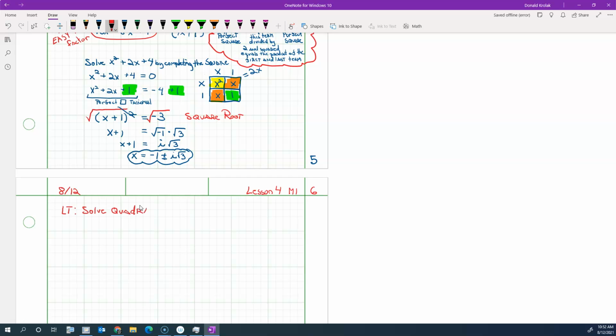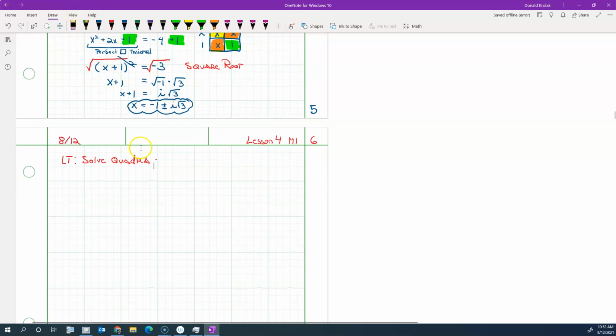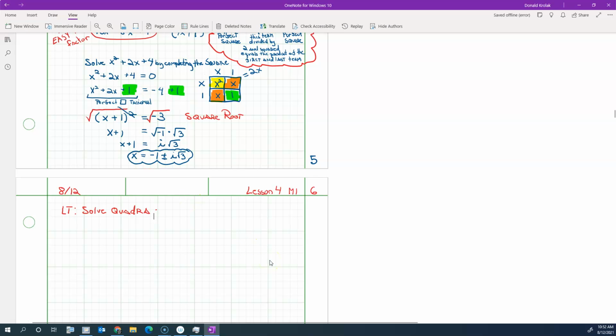Solve quadratics by completing the square.